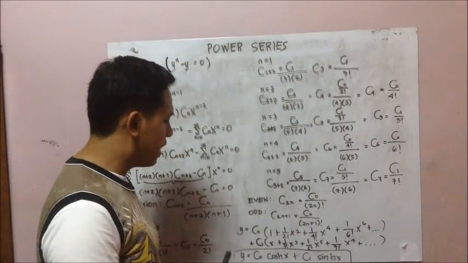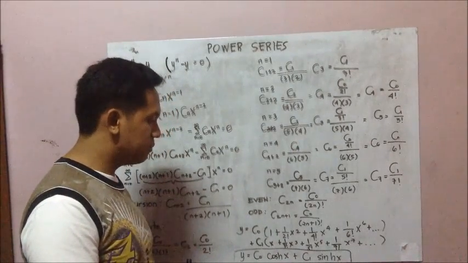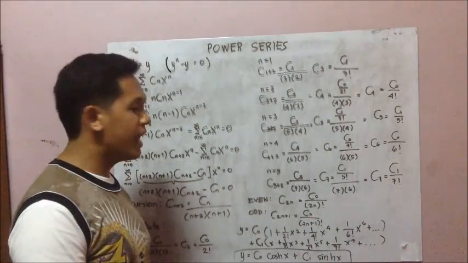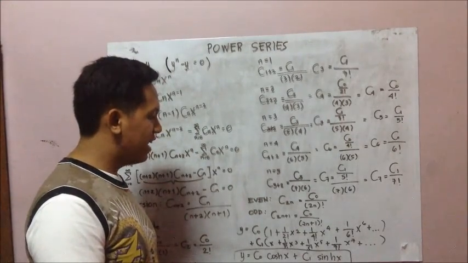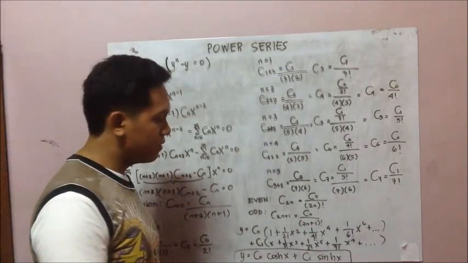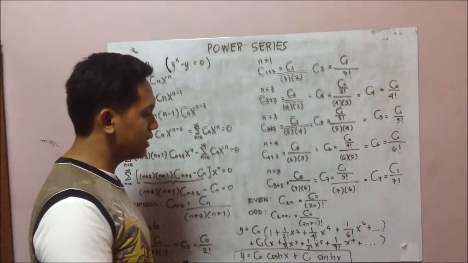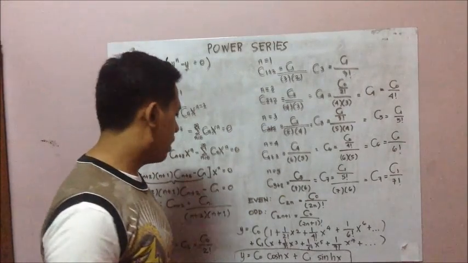Plus c sub 1 multiplied by x plus 1 over 3 factorial x cubed plus 1 over 5 factorial x raised to 5 plus 1 over 7 factorial x raised to 7 plus and so on.